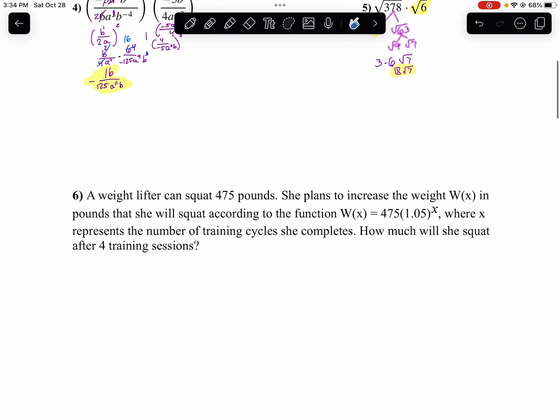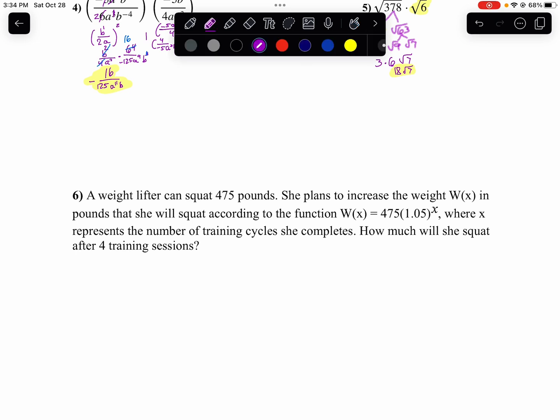Okay, let's take a look at number 6. We've got this geometric sequence, and I want to know how much can she squat after 4 training sessions. So we're just going to replace x with 4. So I'm going to find w of 4 equals 475 times 1.05. I'm going to raise that to the fourth power. So let's go ahead and do that.